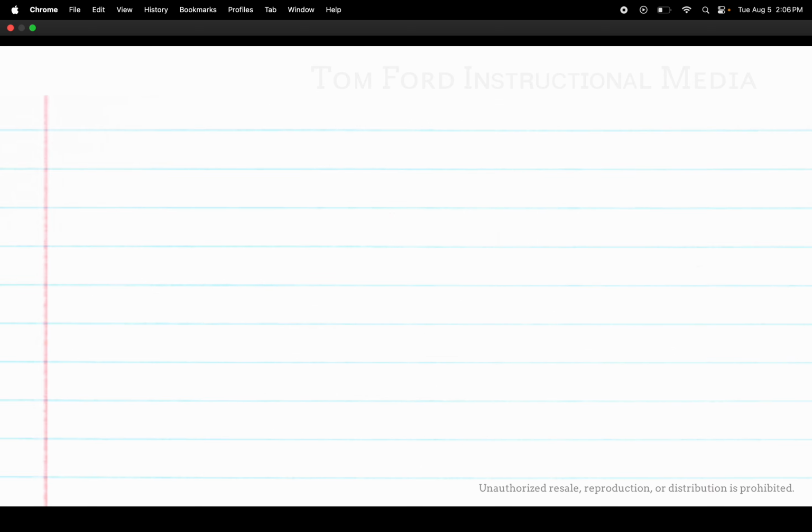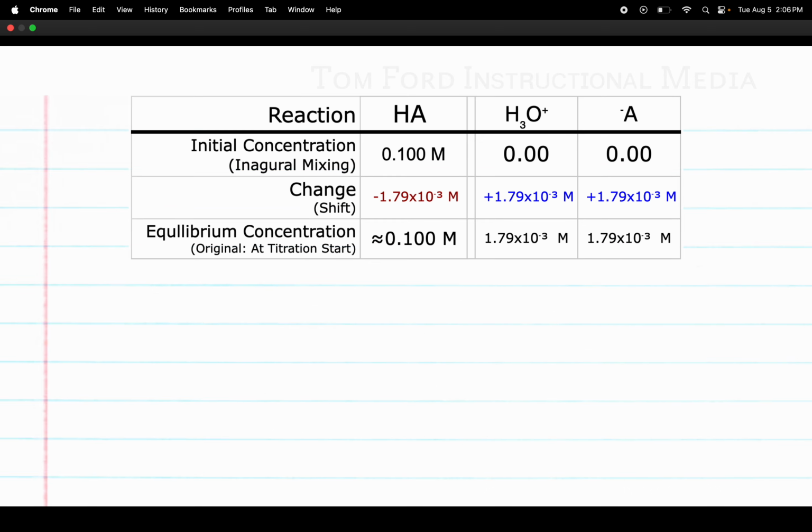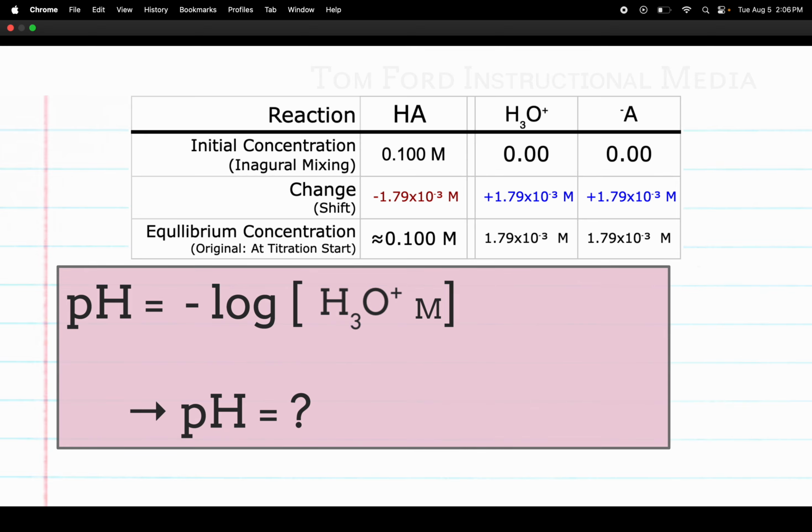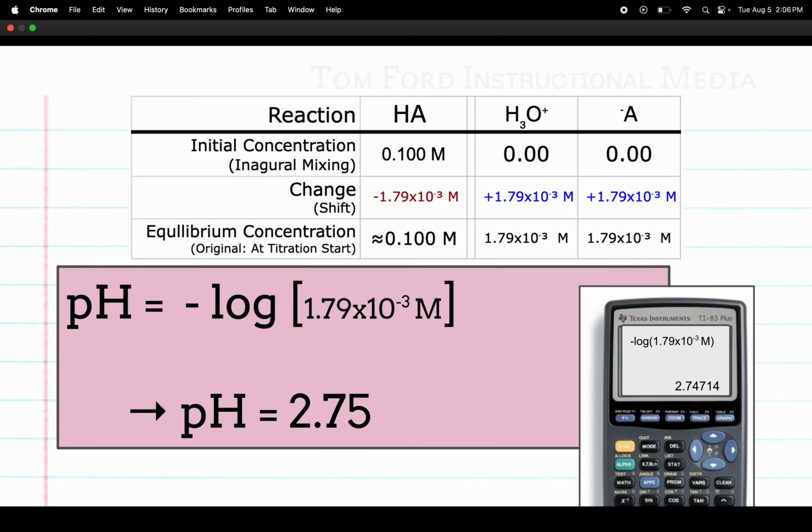Well, in this case, now it represents the hydronium concentration, and we'll use that to find the pH. If the hydronium concentration shifts from 0 up to 1.79, then the pH becomes the negative log of that value. The pH of the original acid solution prior to titration is 2.75.